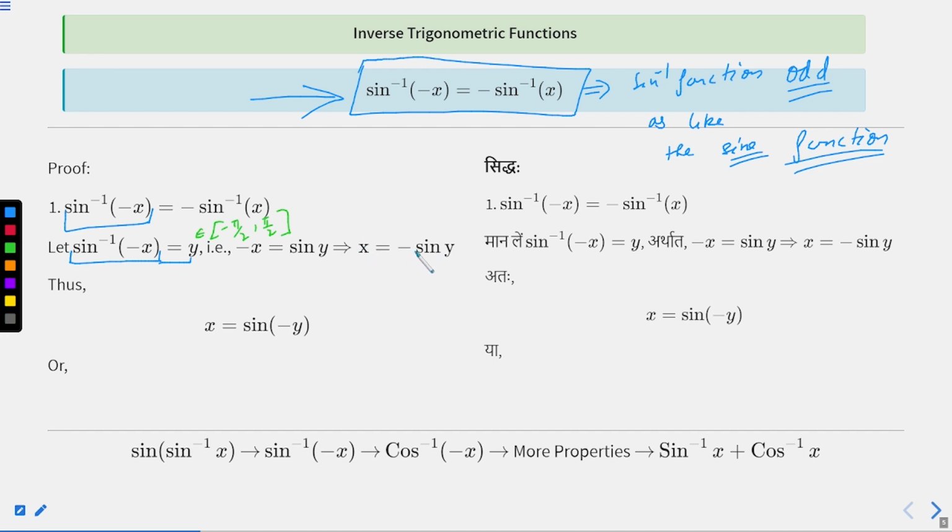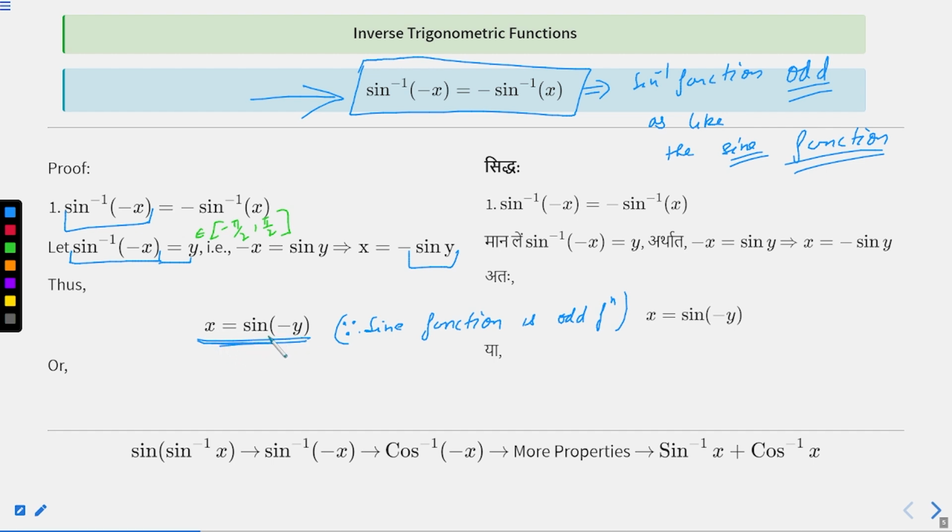And we know that sine function is an odd function. That's why we can write x is equal to sine of minus y.